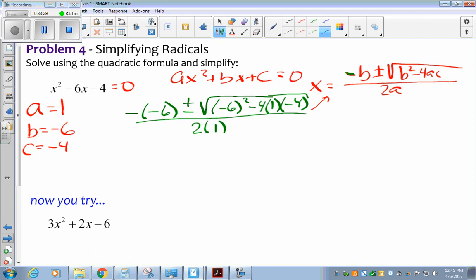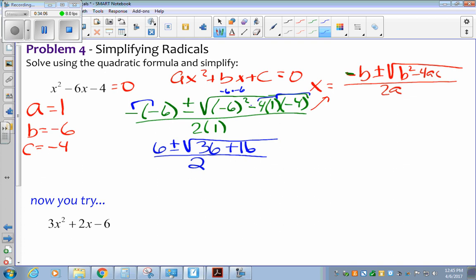It's no skin off my nose to write the minus negative because I'm going to do several steps of simplification anyway, so it'll help me just keep track. Minus a negative is the same as plus, so that's positive 6, plus or minus negative 6 times negative 6 is 36. Negative 4 times 1 is negative 4. Negative 4 times negative 4 is positive 16. 2 times 1 is 2.